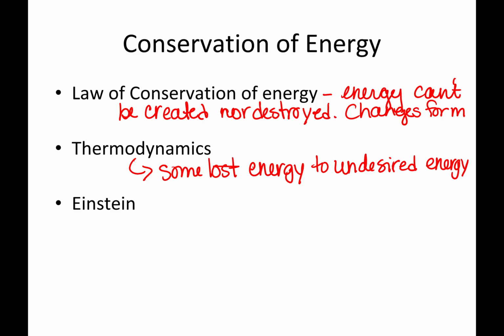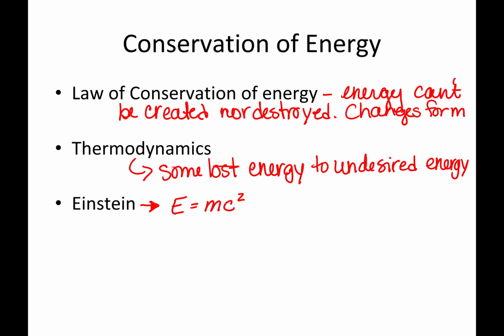Now, in 1905, Einstein releases his most famous equation in his topic of special relativity, and he has discovered that energy is really a form of mass, and mass is really a form of energy, that equation being E equals mc squared.